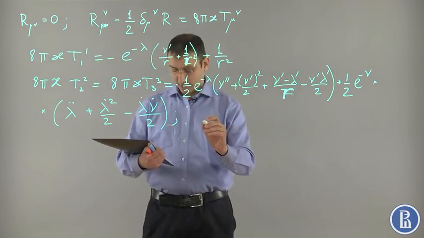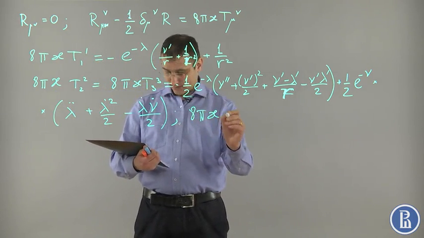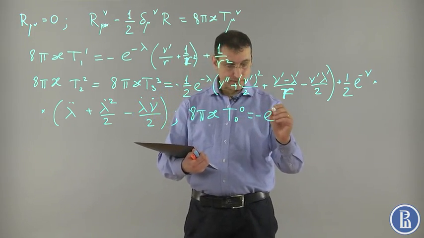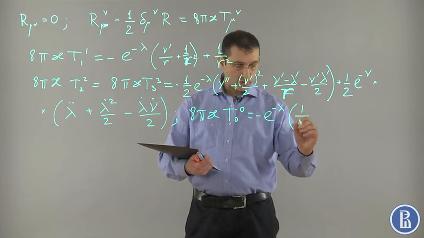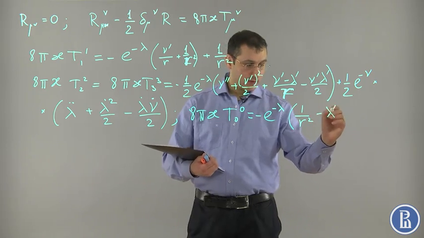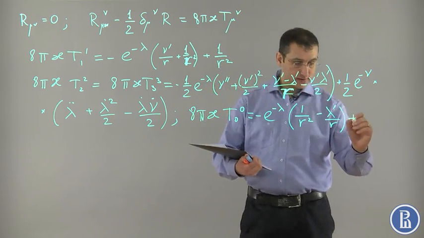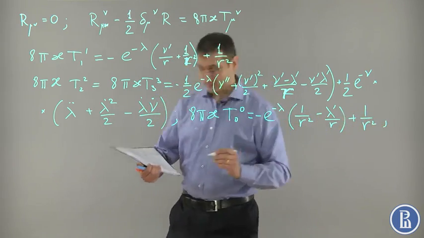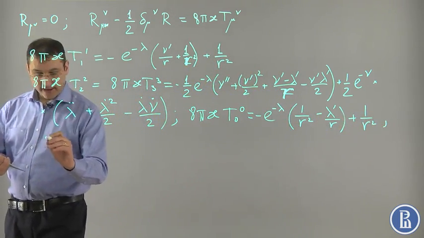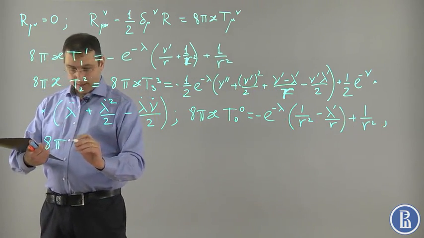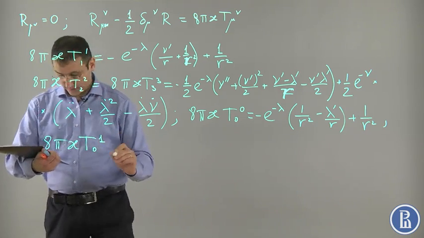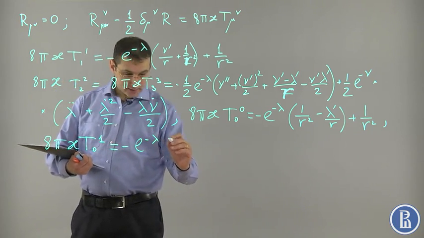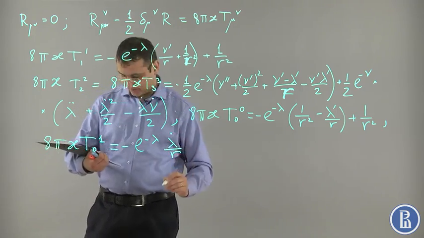Then we have the equation 8 pi kappa T00 equals minus e to the power of minus lambda times 1 over r squared minus lambda prime over r, plus 1 over r squared. And the last equation, 8 pi kappa T01, is equal to minus e to the power of minus lambda times lambda dot over r.